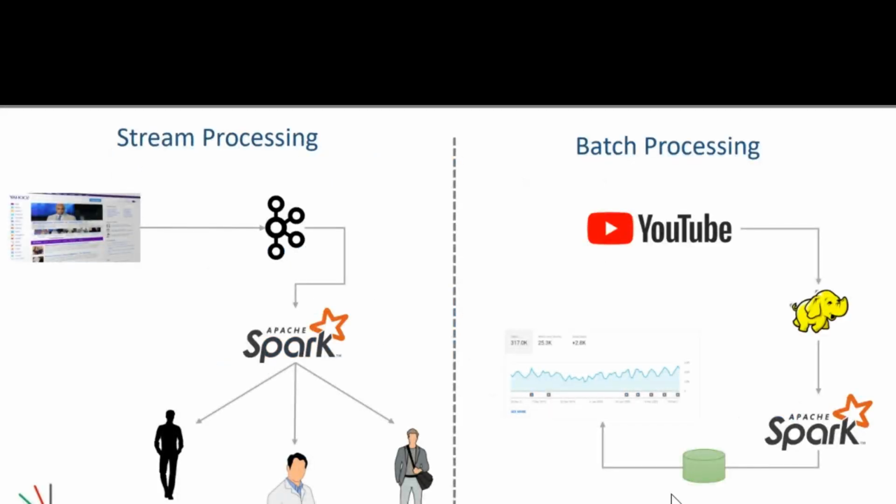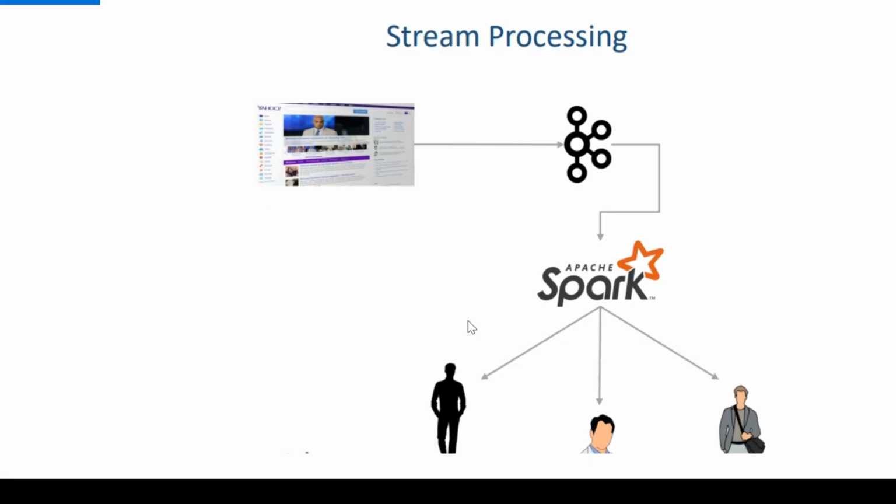Here Spark supports both stream processing and batch processing. If we want to develop a stream processing application, we can use Spark, and Spark also supports batch processing jobs. In stream processing, let's go with an example.